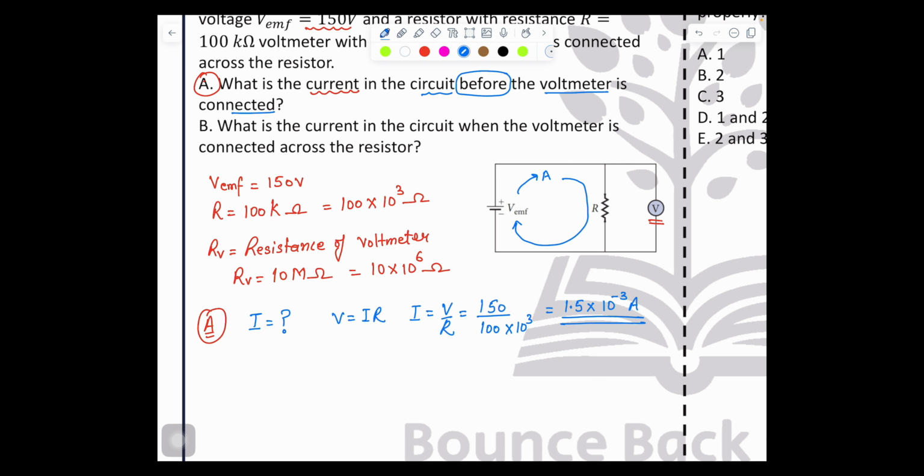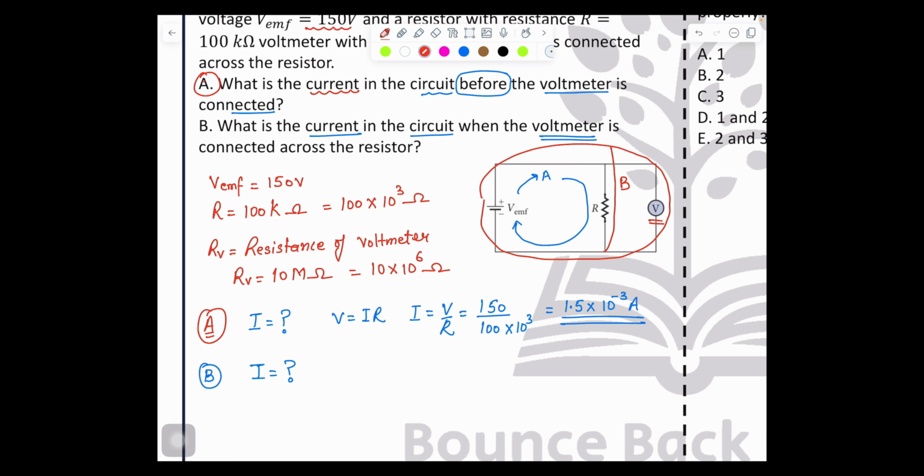Now solve the second part. What is the current? Again we are looking for the current in the circuit when the voltmeter is connected. So in case B, the full circuit you need to cover, and from the middle also.